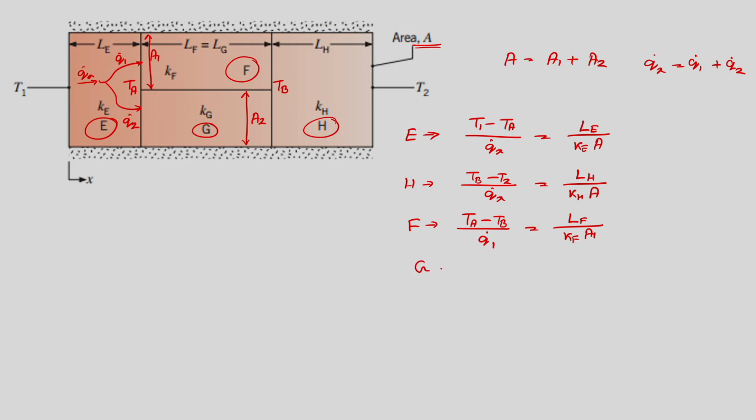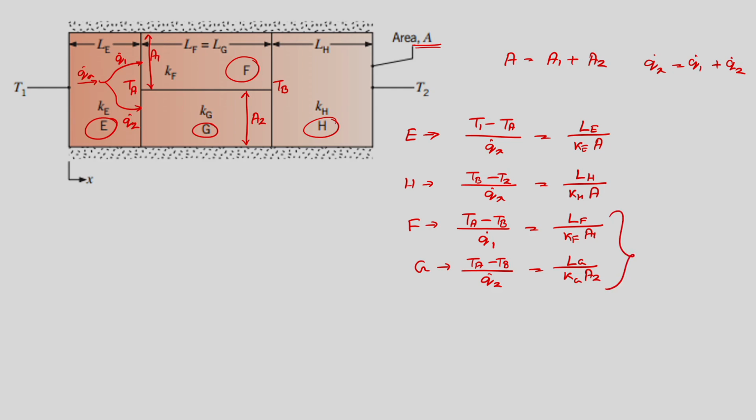Similarly, for the layer G, the temperature difference remains the same, Ta minus Tb, but the heat transmission is different, which is Q dot 2. The resistance is Lg, which is the same as Lf, by Kg into area A2.